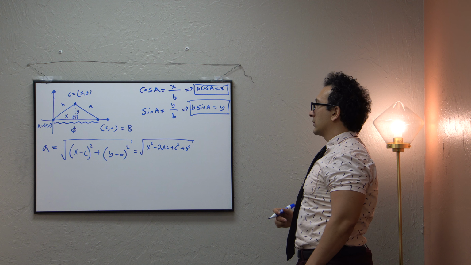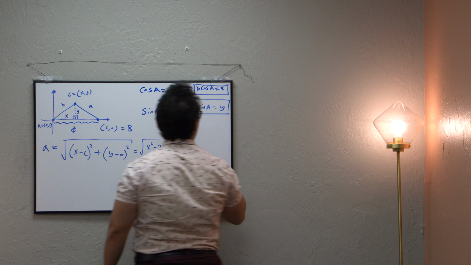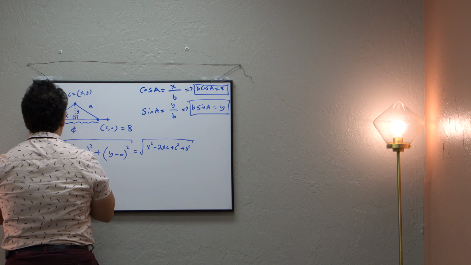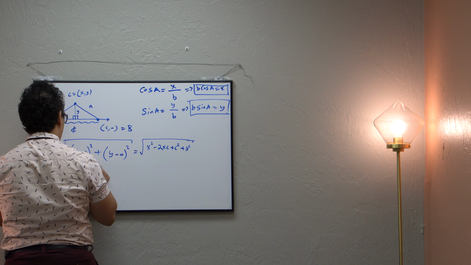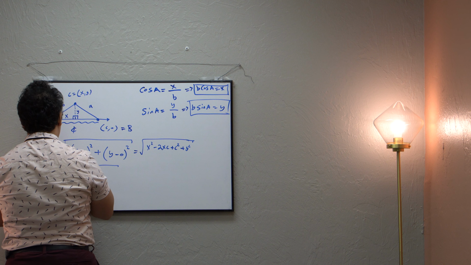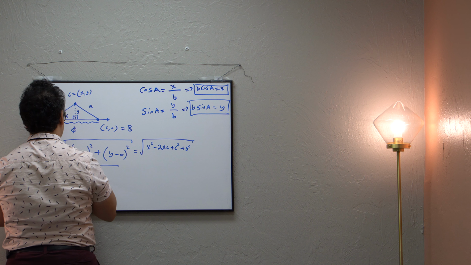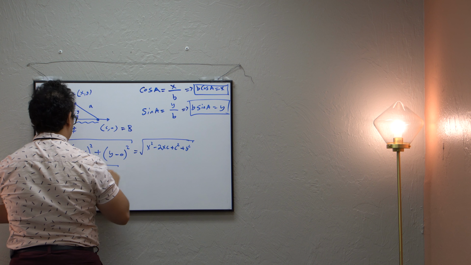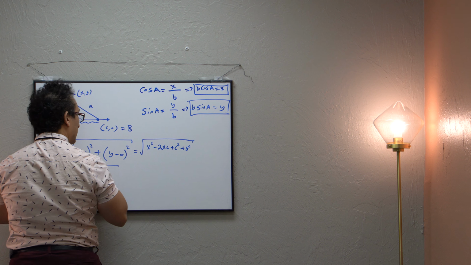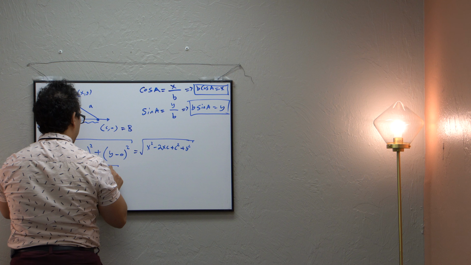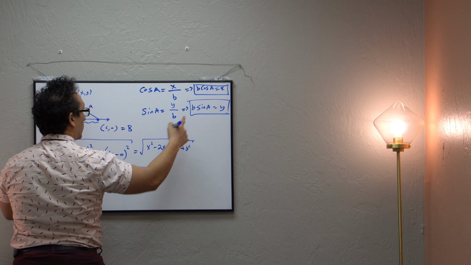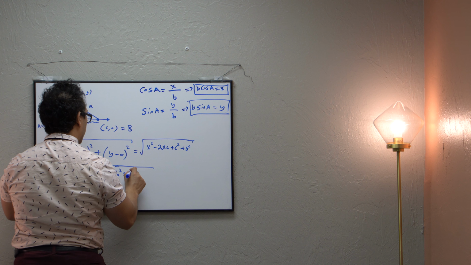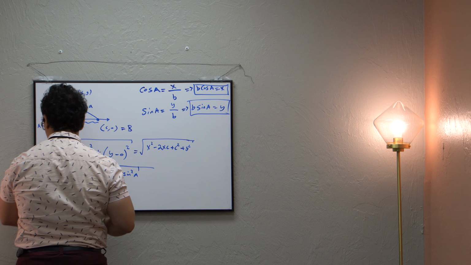Now, we notice that if this is x and this is y, this breaks down to the square root of b squared cosine squared a minus, I'm going to keep this x as an x, 2xc to save board space, plus c squared, and now I'm going to change y squared to plus b squared sine squared a.